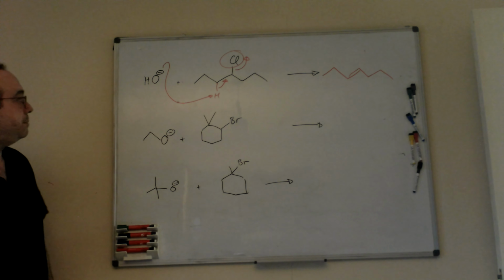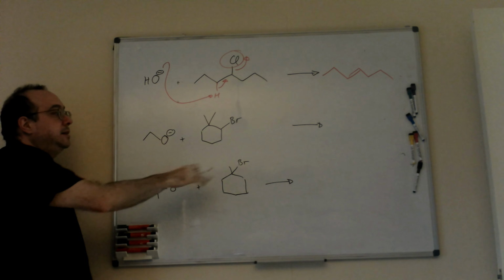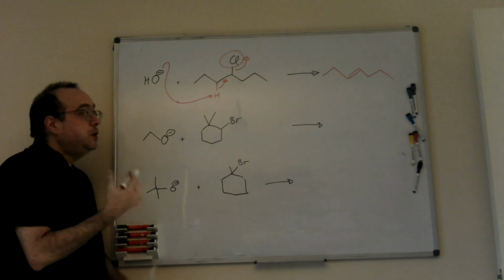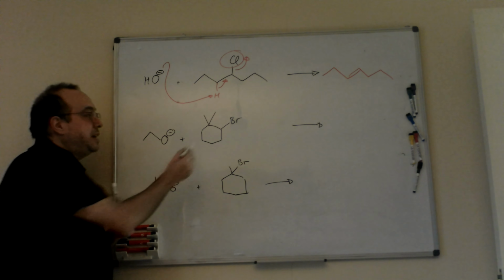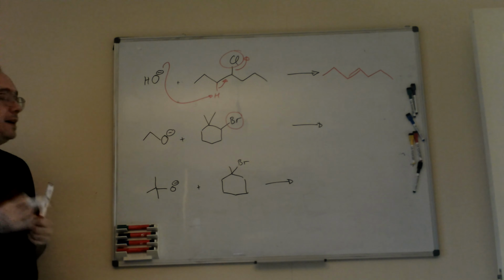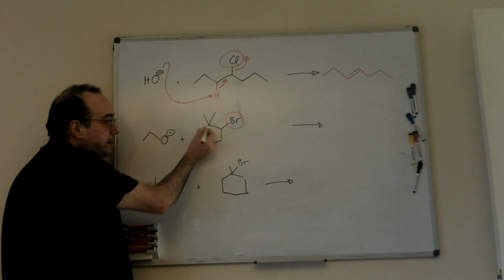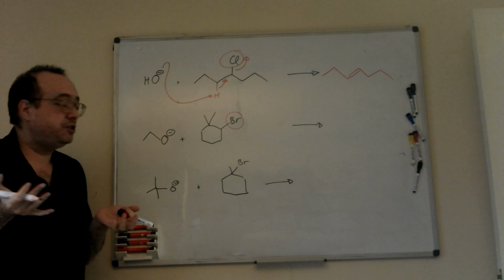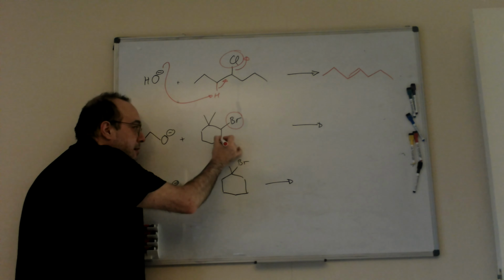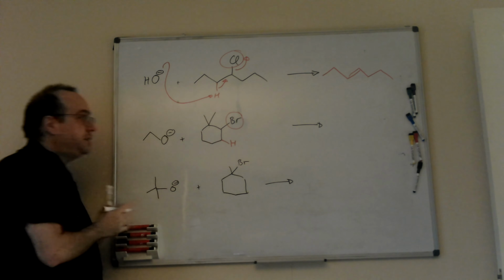Okay? Second example, we have the base, and we have here the compound that will undergo the elimination. Here is the bromine. We need to find a hydrogen 1 carbon away. Here, in this position, we don't have any hydrogen. We have 2 methyls. That means not possible. The only hydrogen that is possible is here.